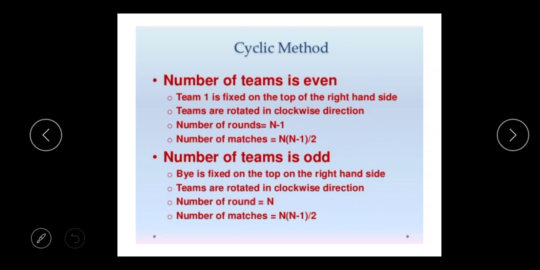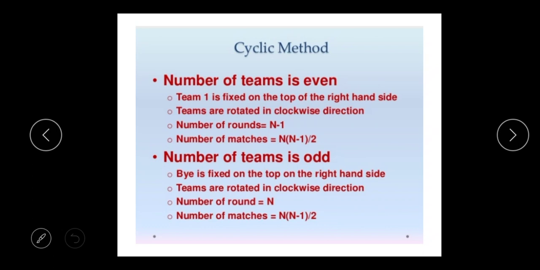Even teams are those divisible by 2: 2, 4, 6, 8, 10, 12, 14, etc. Odd numbers are 1, 3, 5, 7, 9, 11. First of all, beta, when a question comes, write the number of teams, 3 or 4. It will depend on which formula we use.